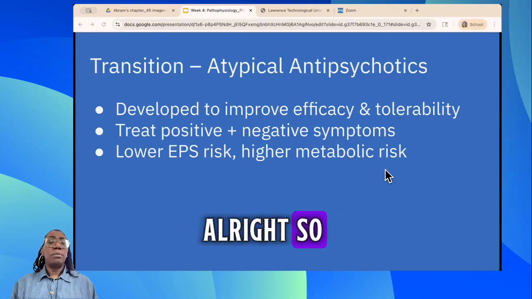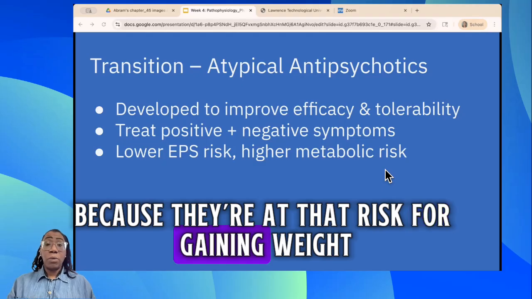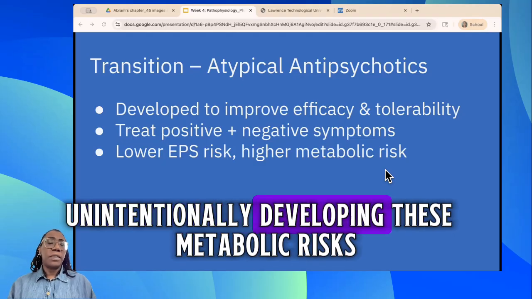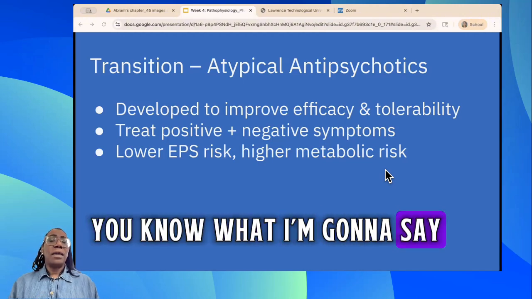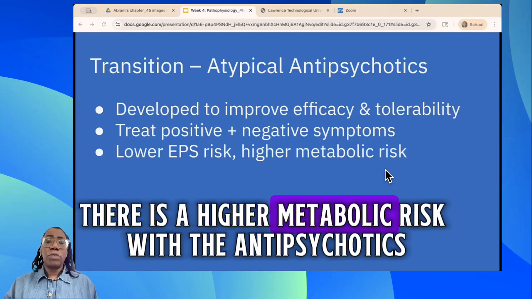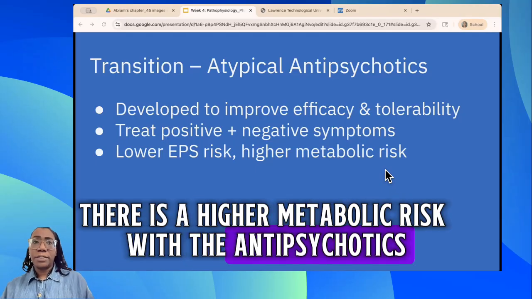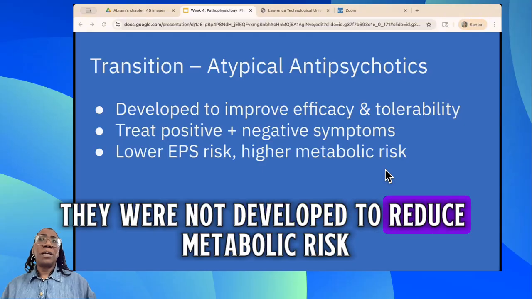All right. So we also, because they're at that risk for gaining weight unintentionally, developing these metabolic risks, I don't want to read this wrong. There is a higher metabolic risk with the atypical antipsychotics. They were not developed to reduce metabolic risk.